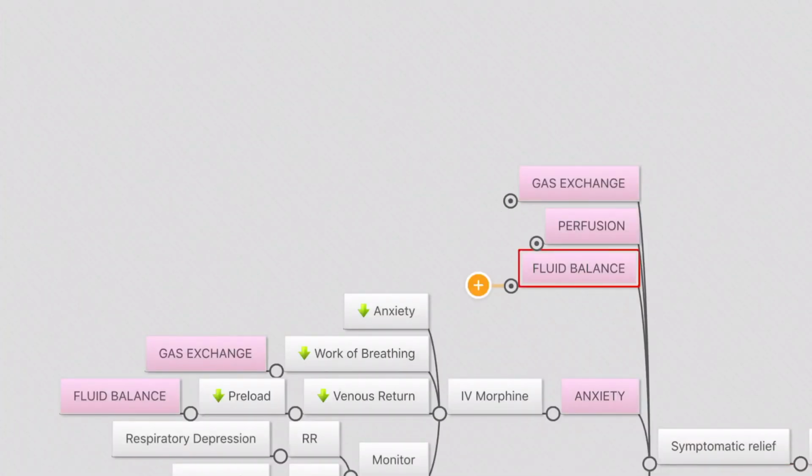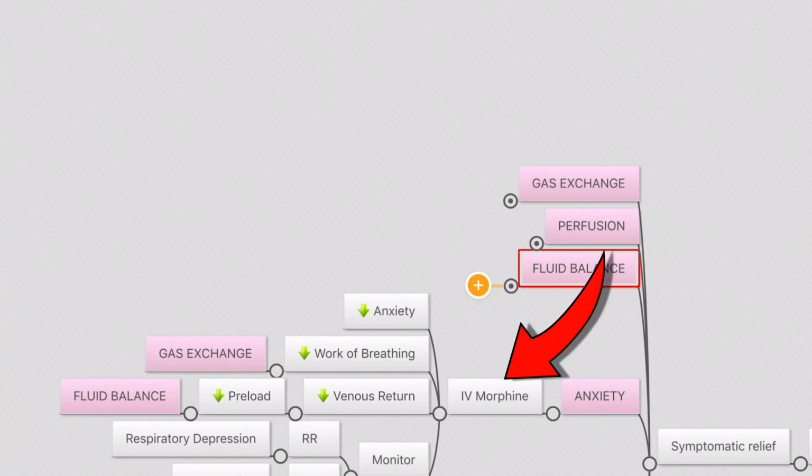Now, the next symptom that you need to take care of when the patient comes in with acute decompensated heart failure will be anxiety. This type of patient, admitted to the emergency room, has severe shortness of breath, so their anxiety level is going to go off the roof. So you can give IV morphine to calm them down.